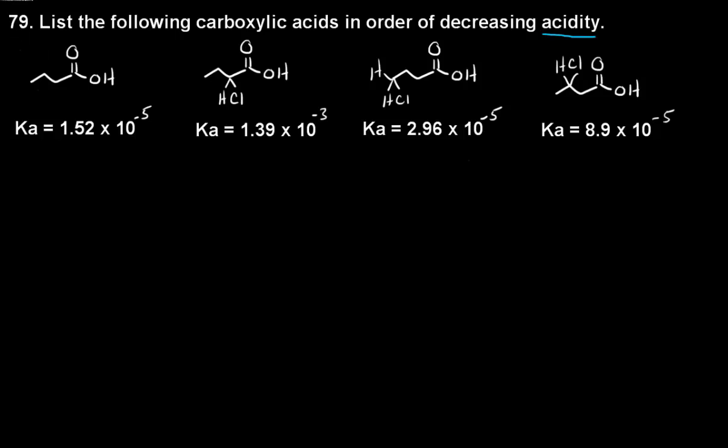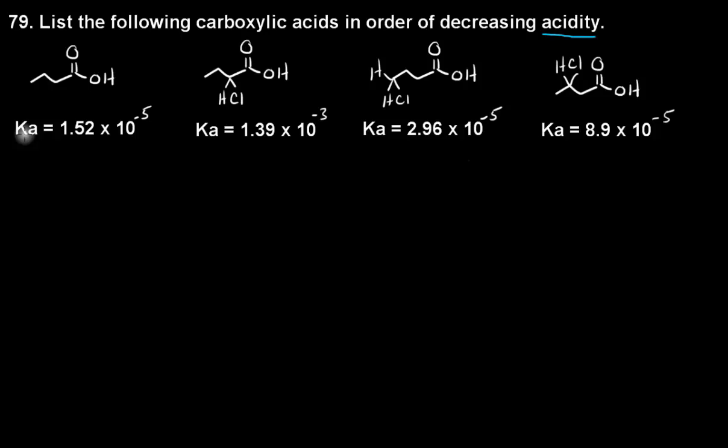A concept from intro that we're revisiting for a second is Ka, or the acid dissociation constant, an equilibrium constant. Basically, what this number is telling you is, the bigger the number, the higher the abundance of the dissociated or deprotonated compound.